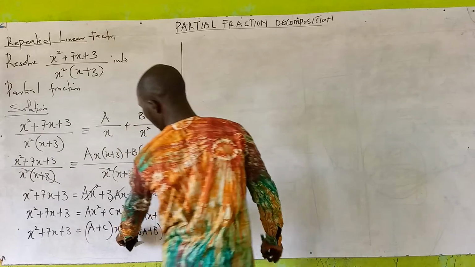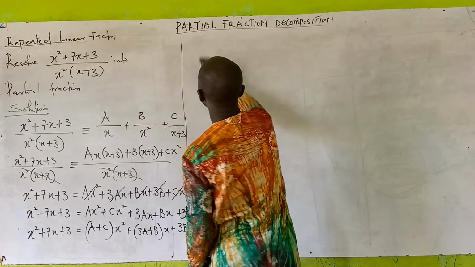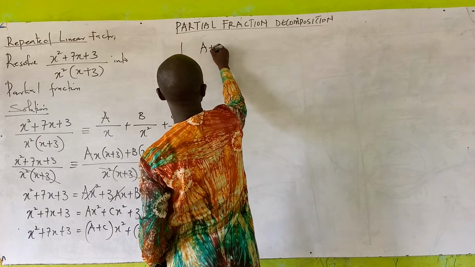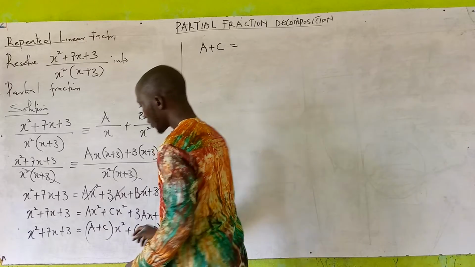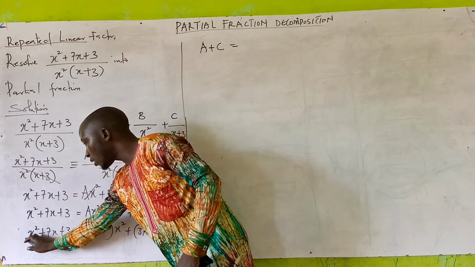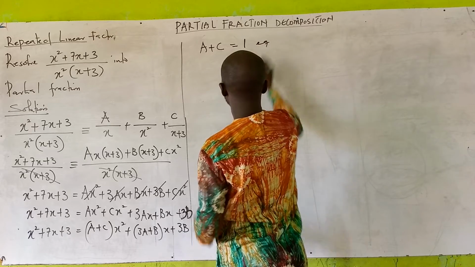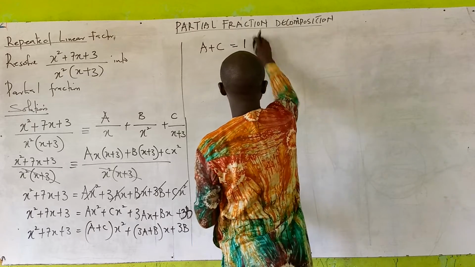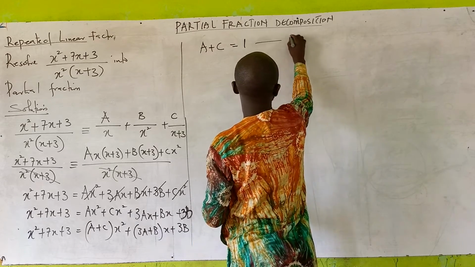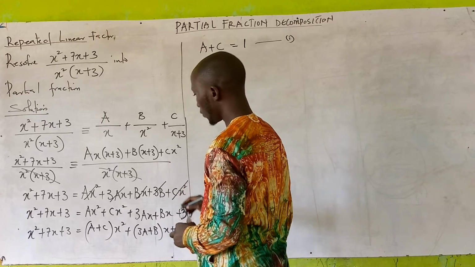Now we're going to compare this side of the equation to this side of the equation. The coefficient of x squared here is a plus c, so a plus c equals the coefficient of x squared here, which is 1. Equation 1.